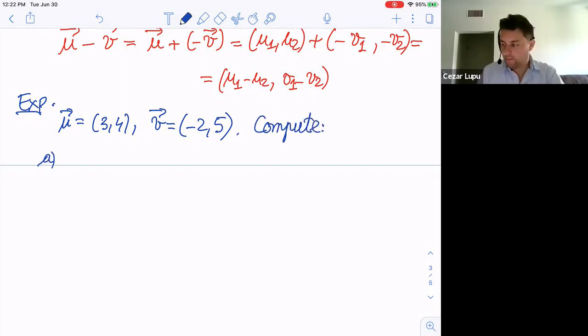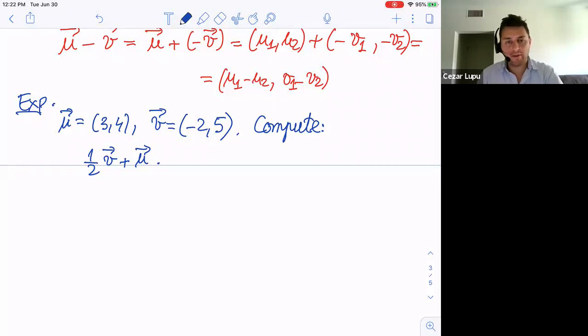Let's say I want to do it directly, not step by step like in the notes: (1/2)v + u. These operations have the following meaning.